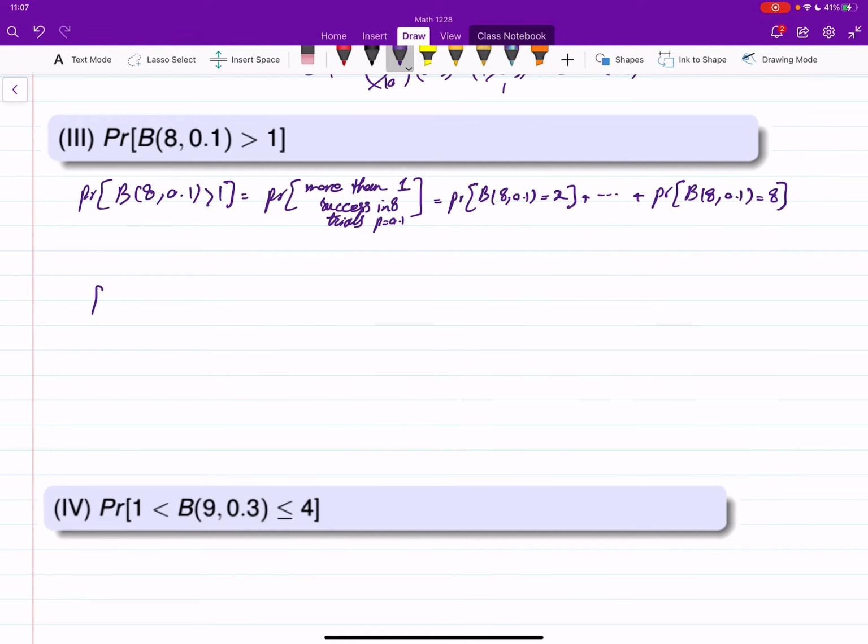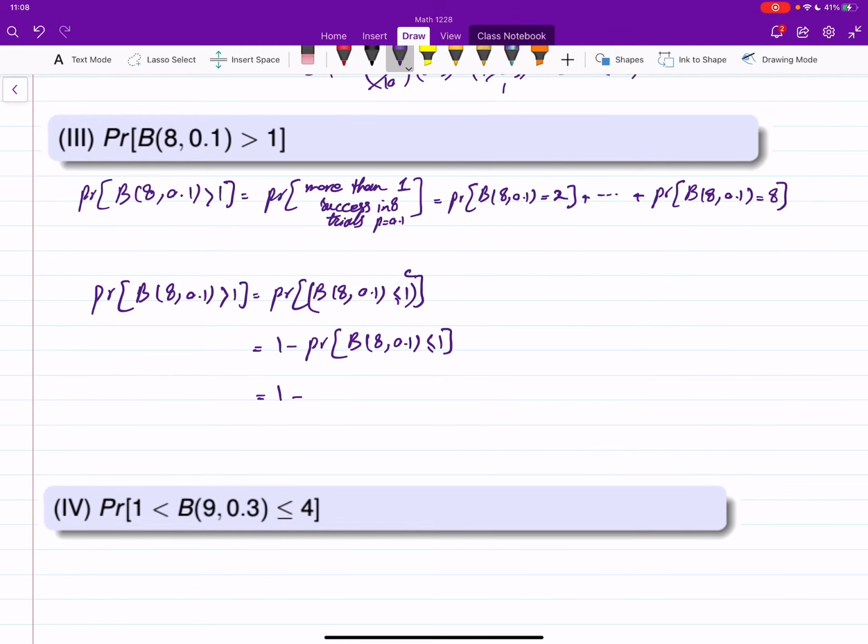The trick again here is that you see this as the complement of the probability of at most one success. The complement of at most one is more than one. Well, that means I can write 1 minus the probability of having at most one success.